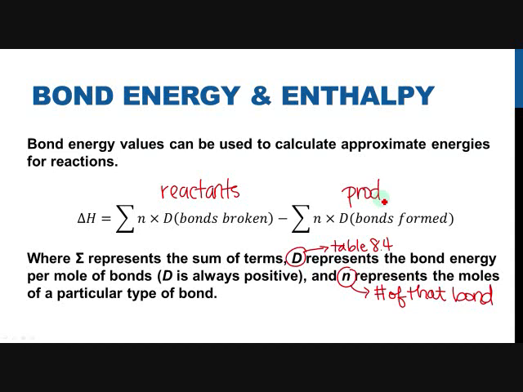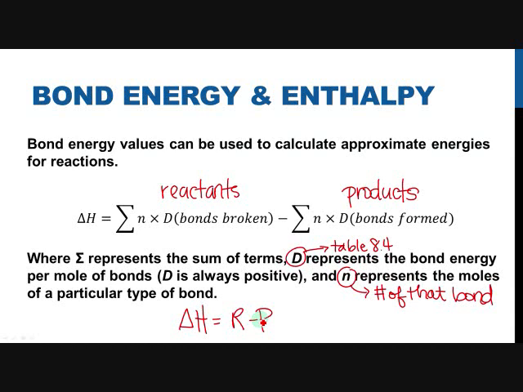So essentially, yes, this is a crazy little equation, but essentially what we're going to be doing is we're going to find the enthalpy value, then we will take the reactants minus the products, making sure we multiply by the number of bonds there are and using the correct numbers from the table.